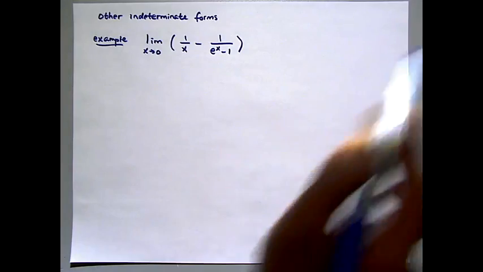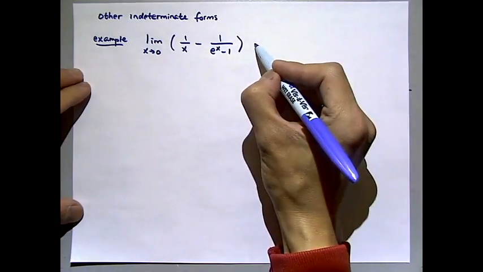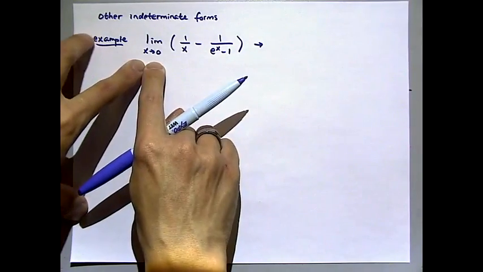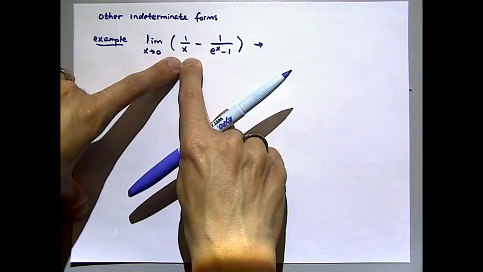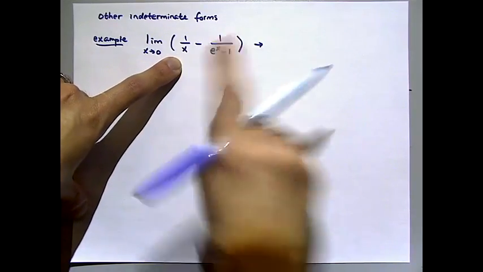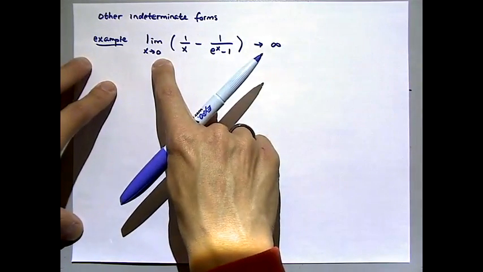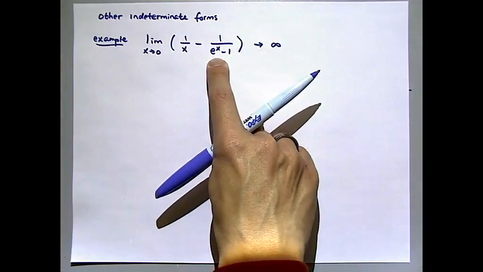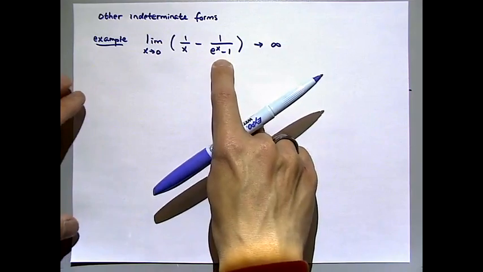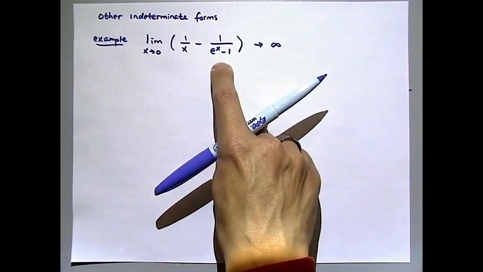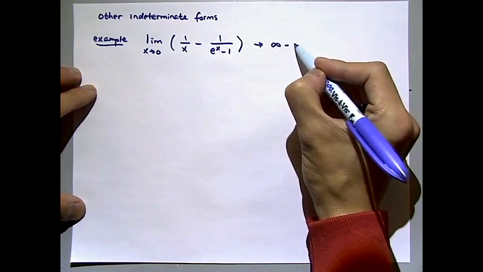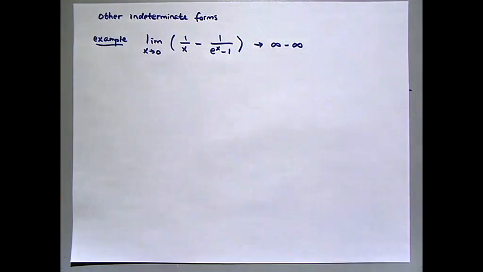Okay, now see what happens when x goes to 0. When x becomes a small number, this becomes a very, very large number. So that's an infinity. When x becomes a small number, e to the small number is roughly 1. So that's also a 1 over a small number. This is also an indeterminate form.